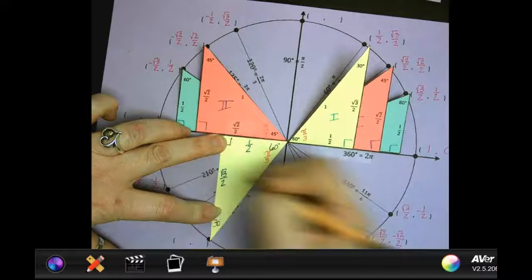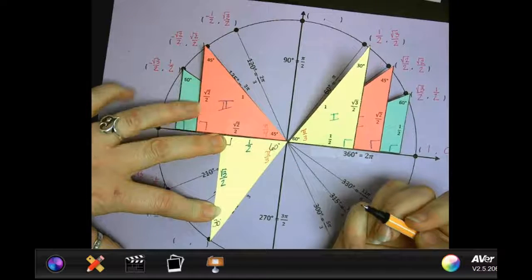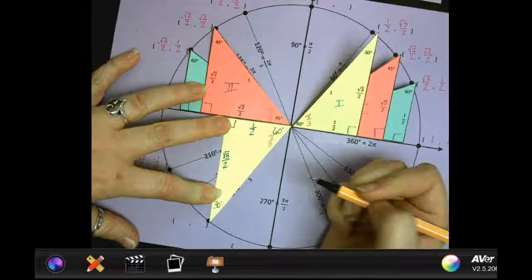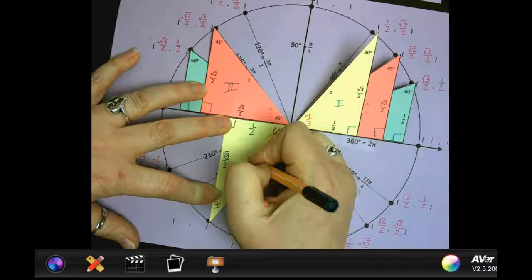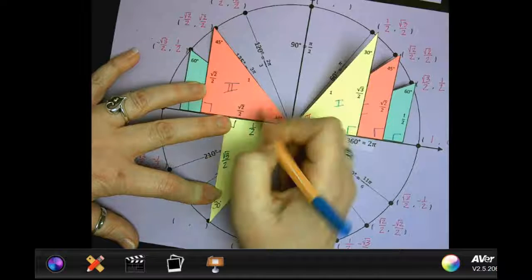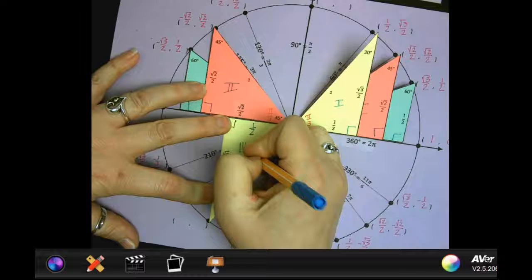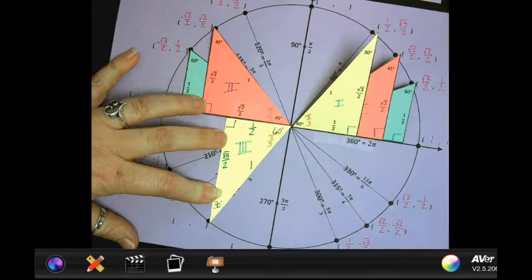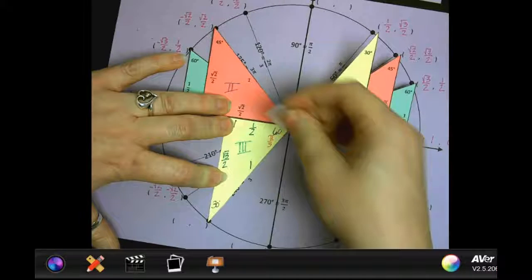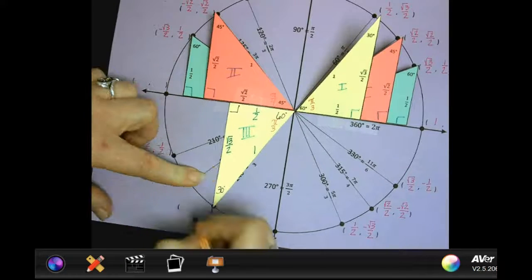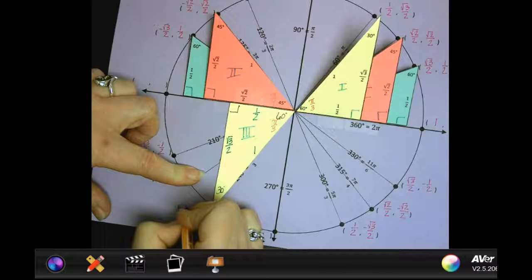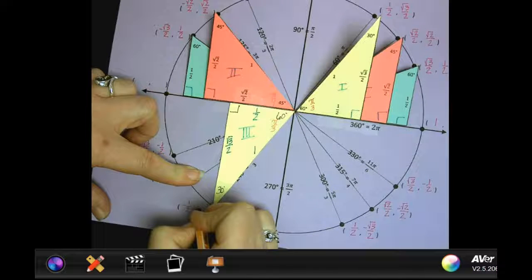And notice I'm not putting any negative numbers on the triangles because these are sides, up and down and the length. Square root of 3 over 2.